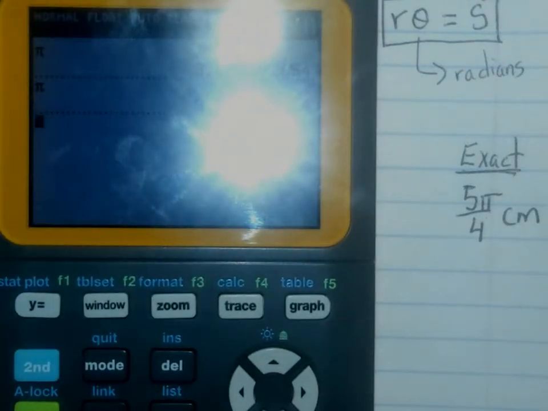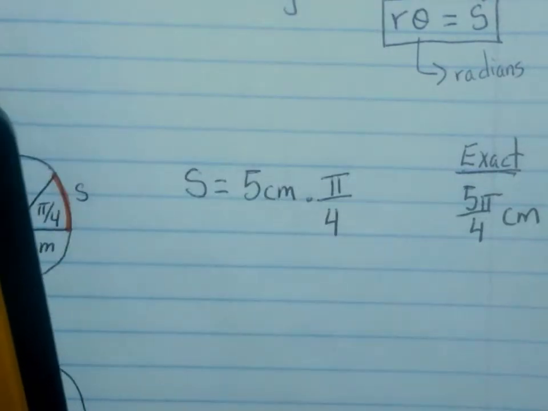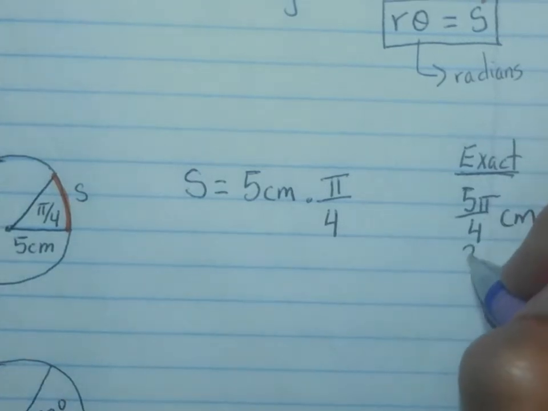So there are times when we want to change this to a decimal and do 5 pi divided by 4, and then maybe round that to 3.9 centimeters.